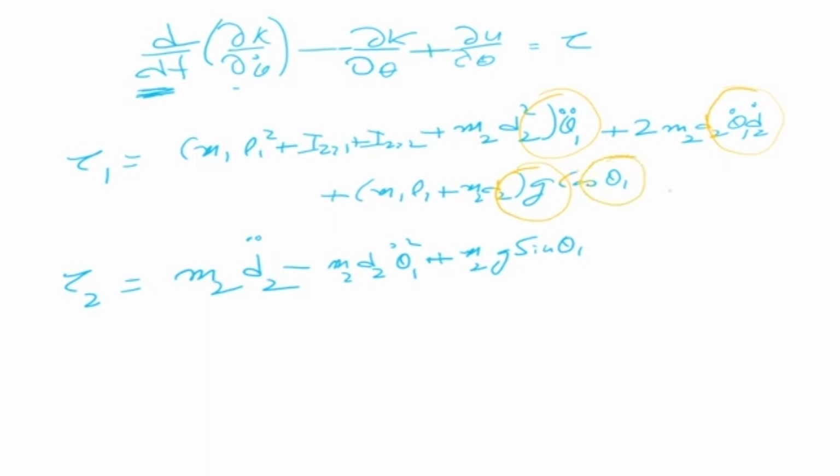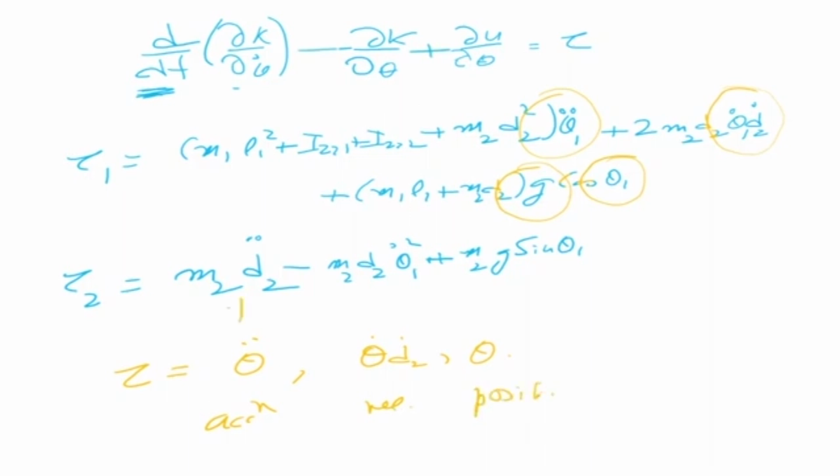So your tau depends on theta double dot, theta dot and d2 dot, and theta. It depends on acceleration, it depends on velocity, and it depends on position.